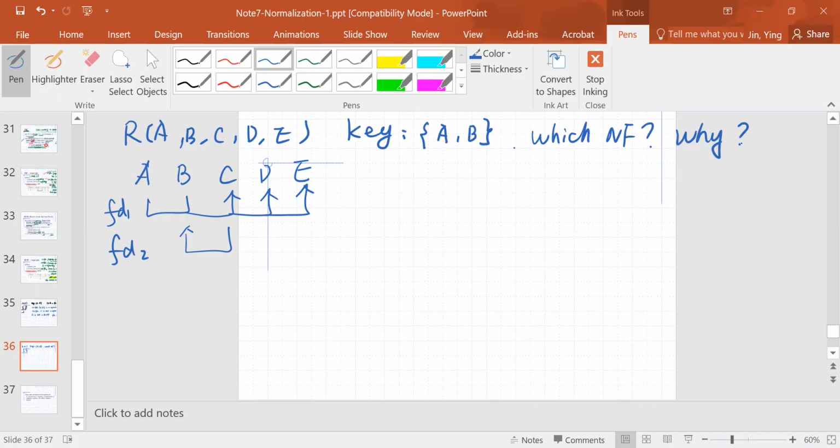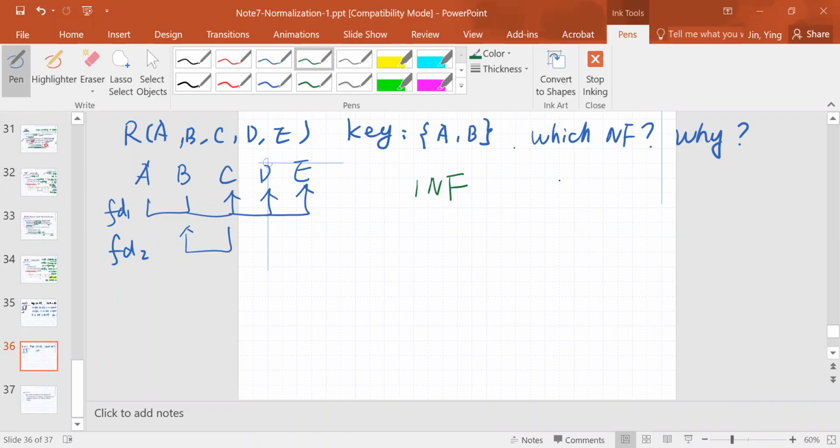So when we have this, you have two ways to handle it. One is you start with first normal form, and if you find out this is not in first normal form, you do not need to continue.